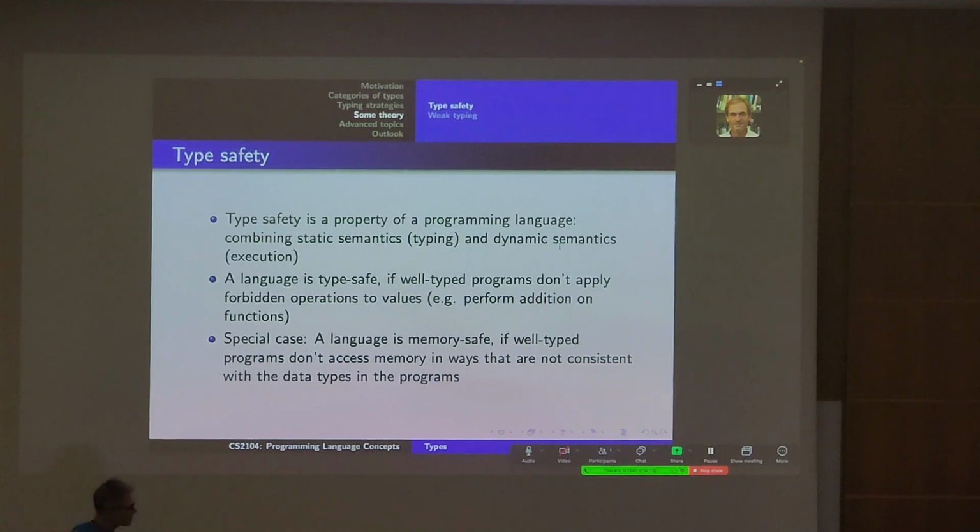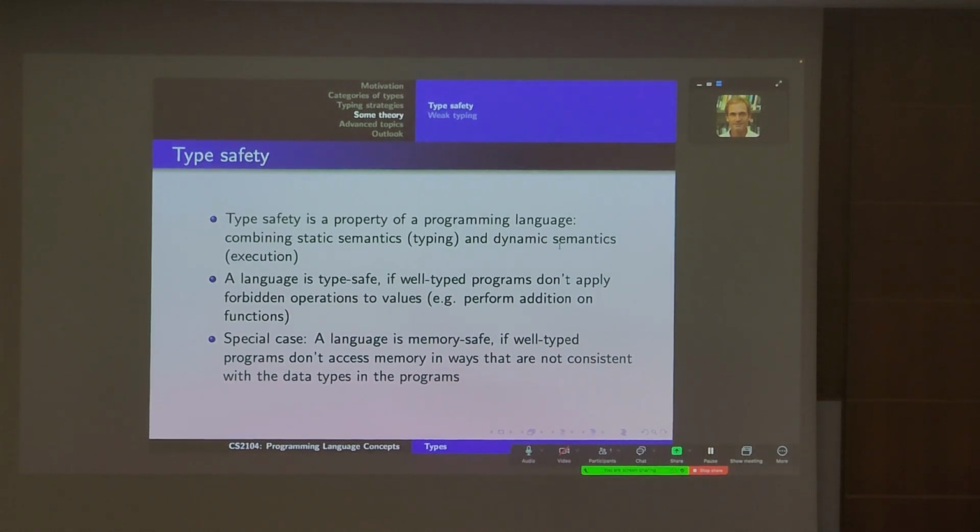So you see, the notion of type safety is a very general notion. And depending on how you define these forbidden operations, you can achieve type safety with different means.